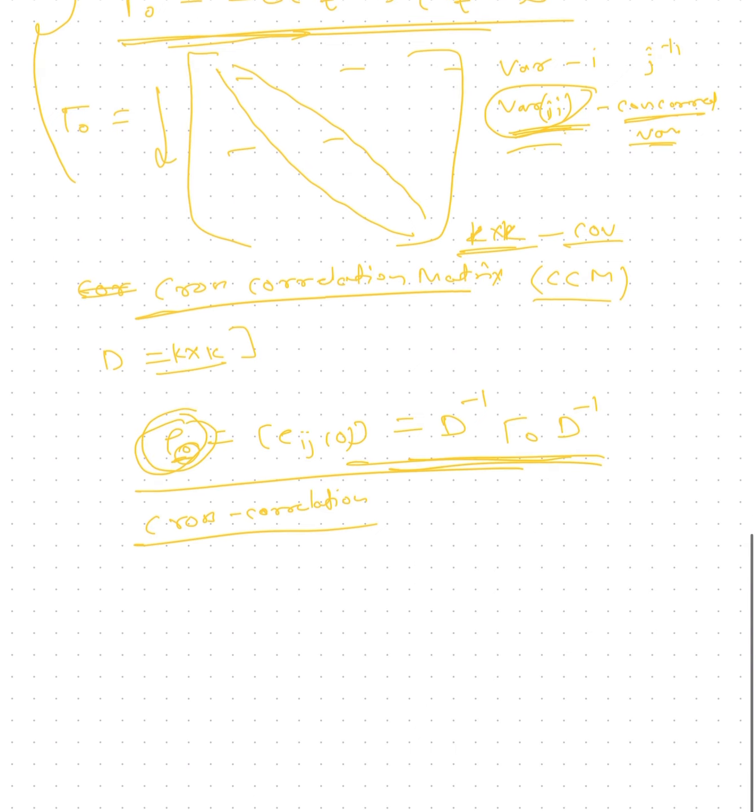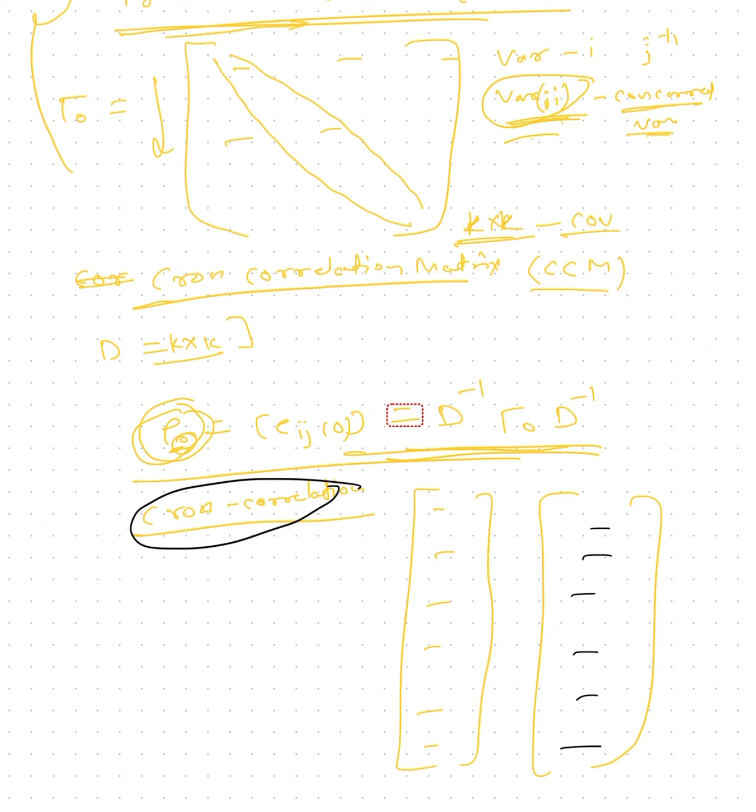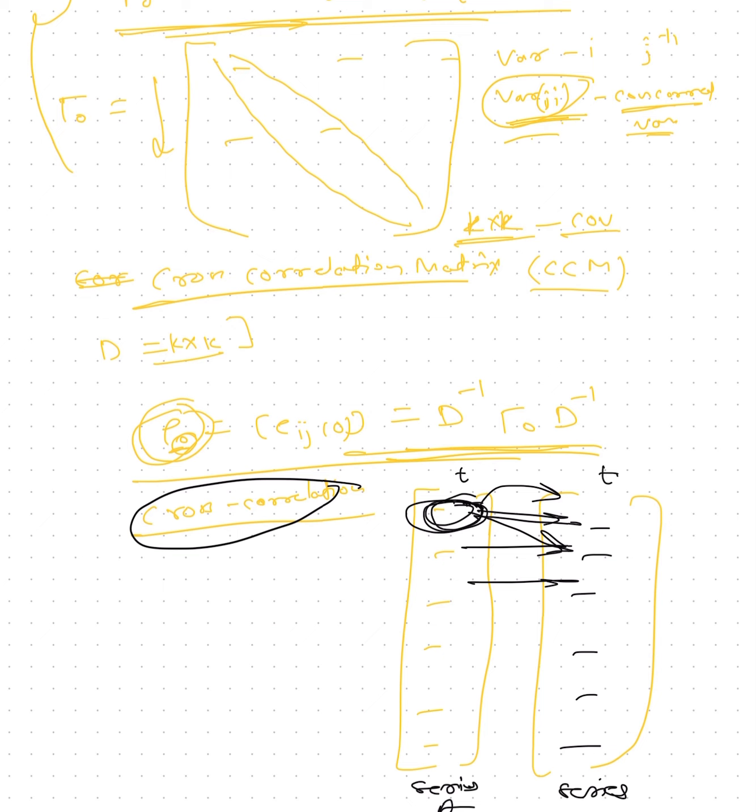So now friends, let's consider we have two series, something like this, and in cross correlation we are trying to find the correlation between these, series 1 and series 2. So first it tries to find the concurrent correlation, then the first lag, that is the observation at t from series 1 and the observation at t minus 1 from series 2.